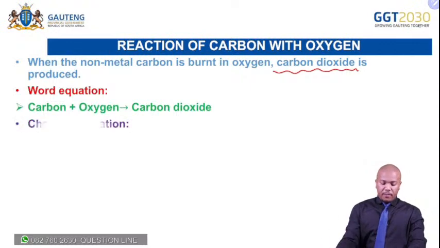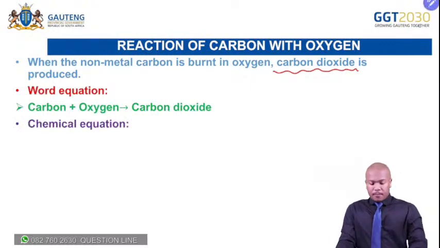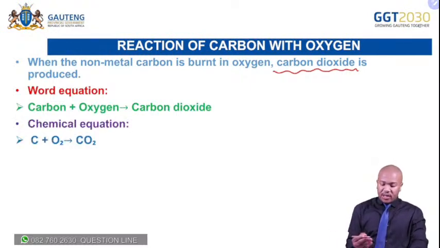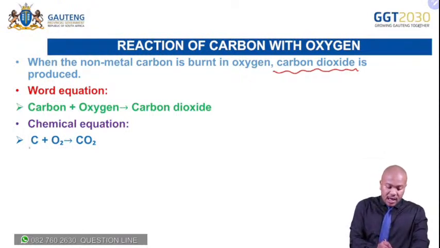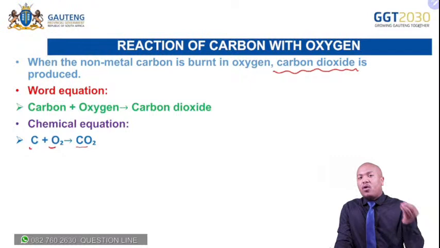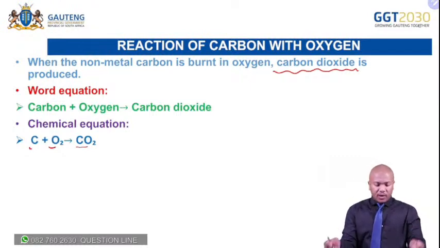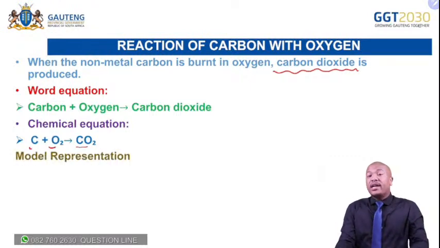We also have the chemical equation. The chemical equation of the reaction between carbon and oxygen is C as carbon plus O2 as oxygen, forming CO2 as carbon dioxide. Let's look at now the model representation.